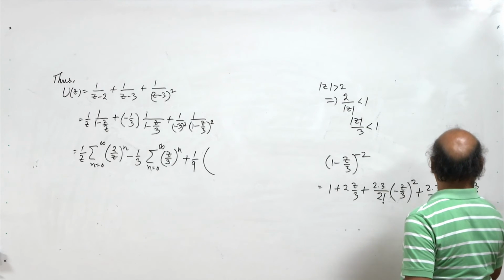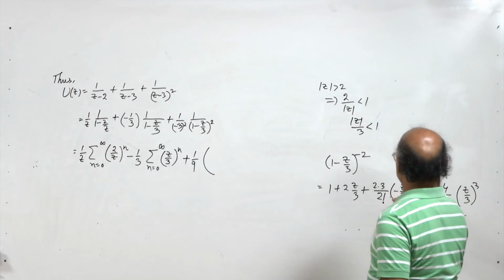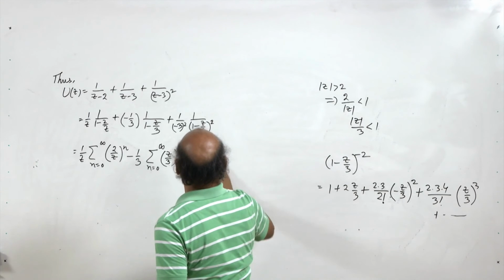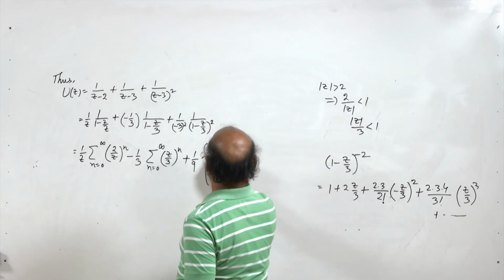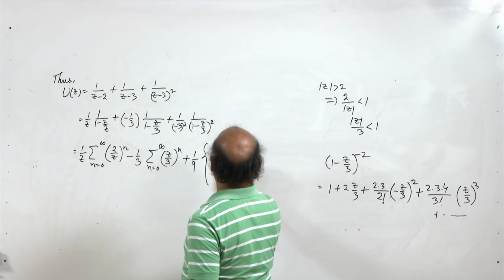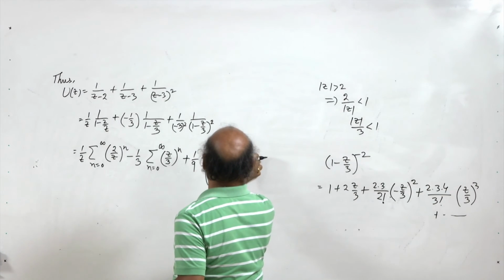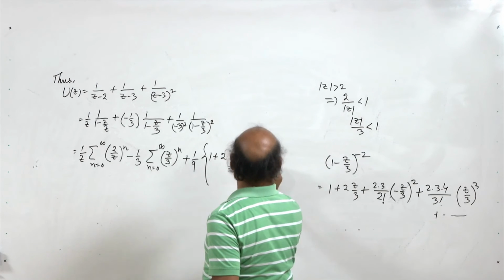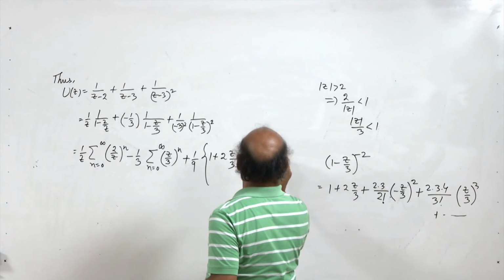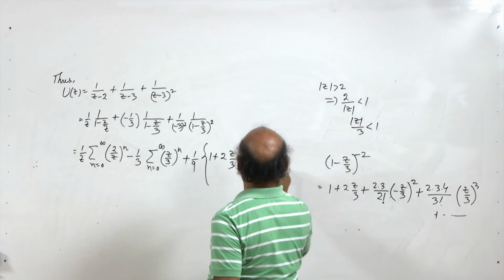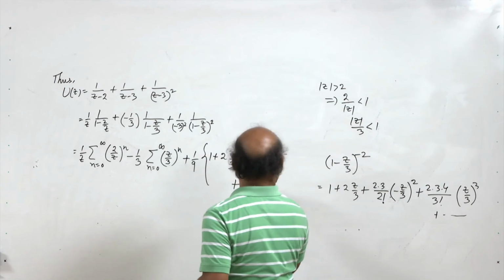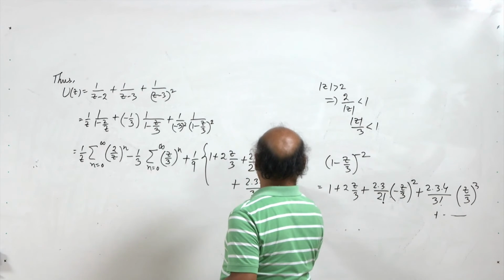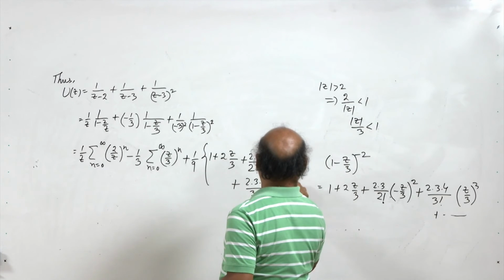Minus and minus becomes plus. So this will be 1 + 2(z/3) + (2·3/2!)(z/3)² + (2·3·4/3!)(z/3)³ and so on.